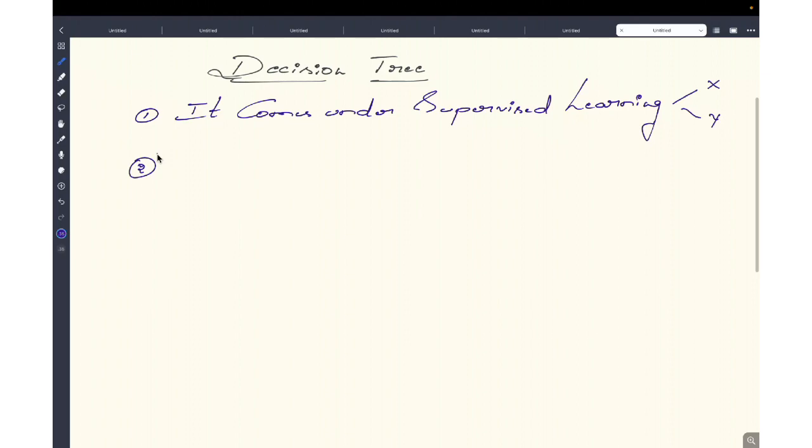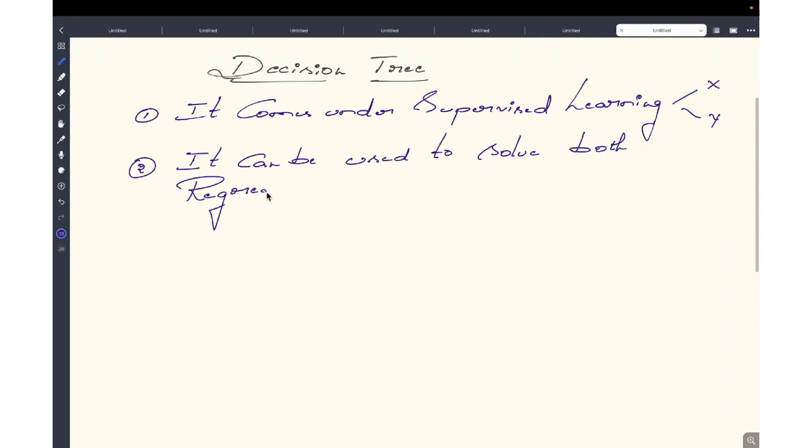Even this decision tree can be used in order to solve both regression as well as classification.